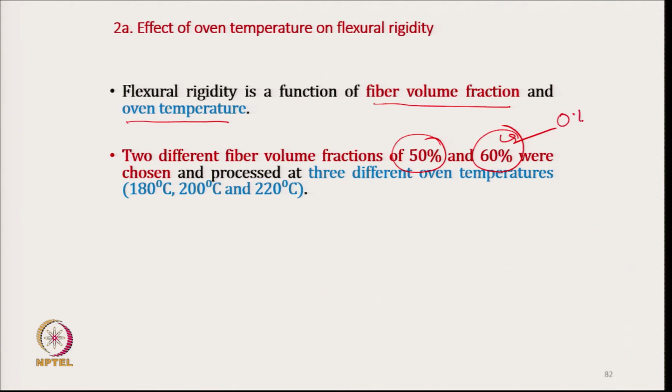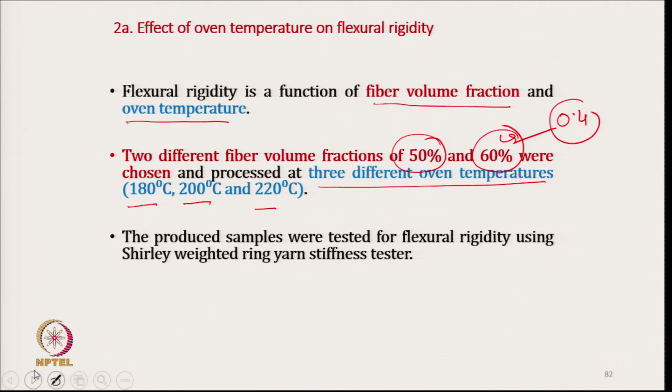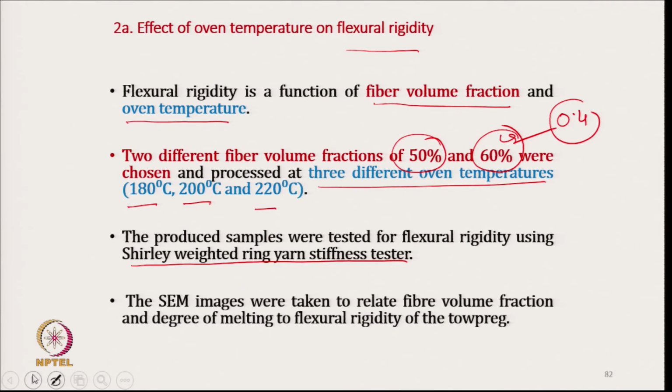So, 0.4 is the resin weight fraction here, and three different oven temperatures were taken, 180 degree Celsius, 200 and 220 degree Celsius. And we have tested the flexural rigidity by Searle weighted ring yarn stiffness tester. And scanning electron microscope images were taken.